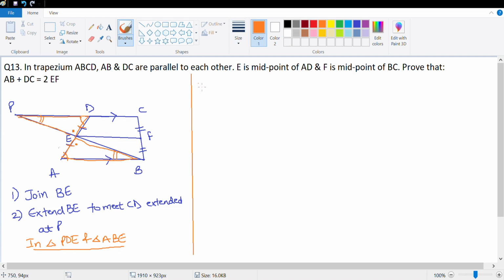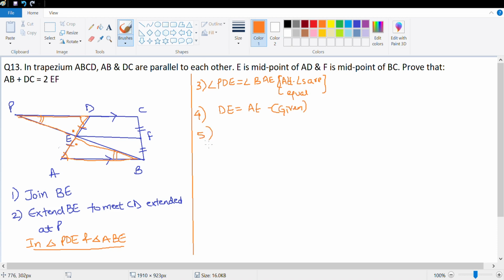So let's start writing. Number 3, angle PDE will be equal to angle BAE. Why? Alternate angles are equal. Next, number 4 will be DE is equal to AE. This is given since E is the midpoint.